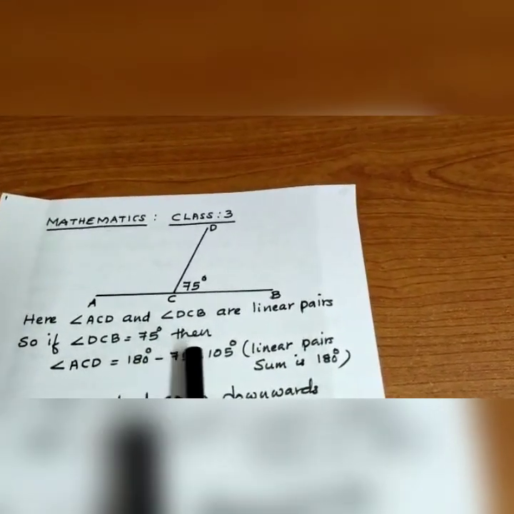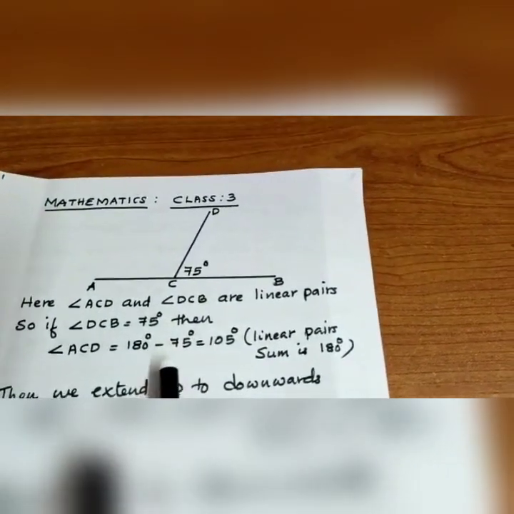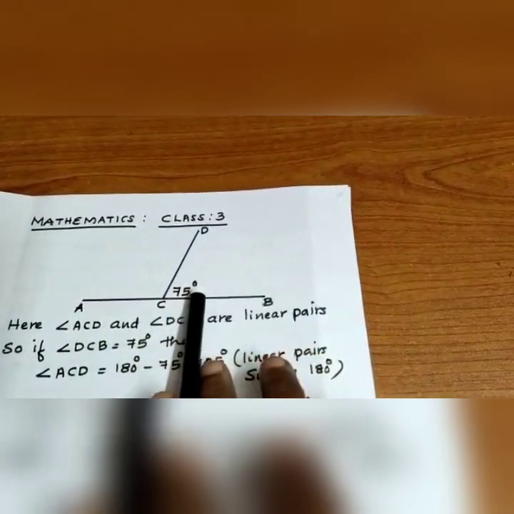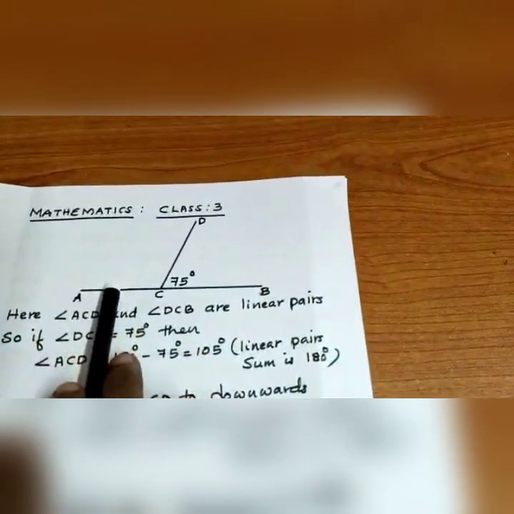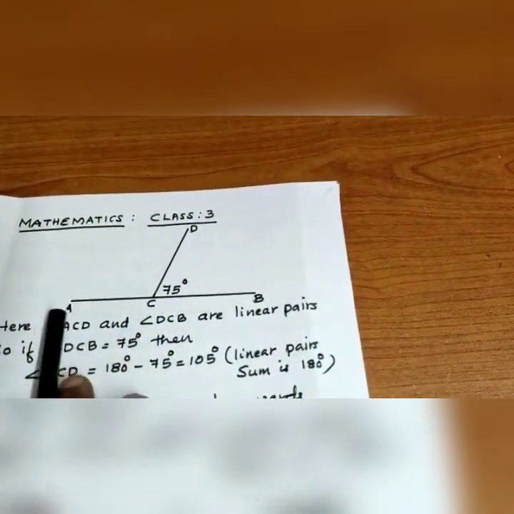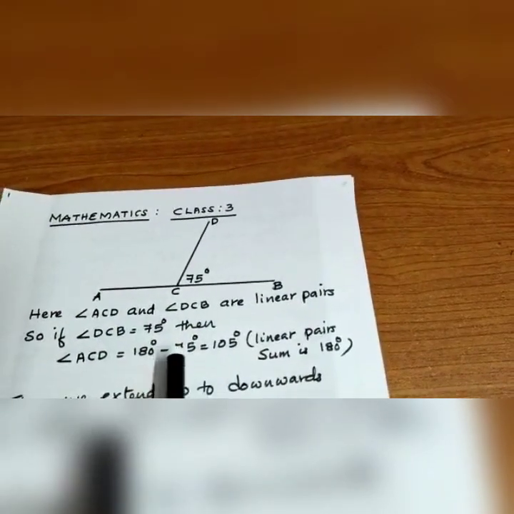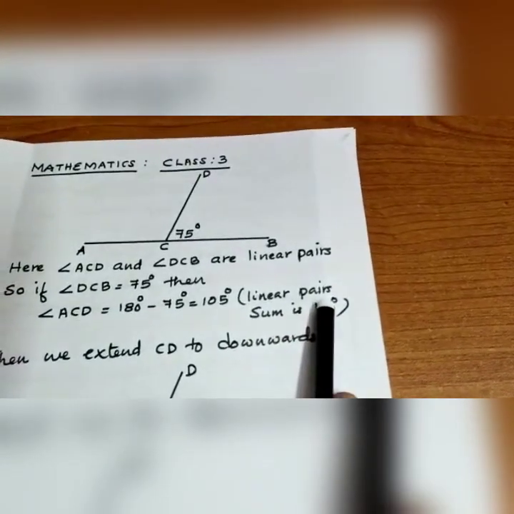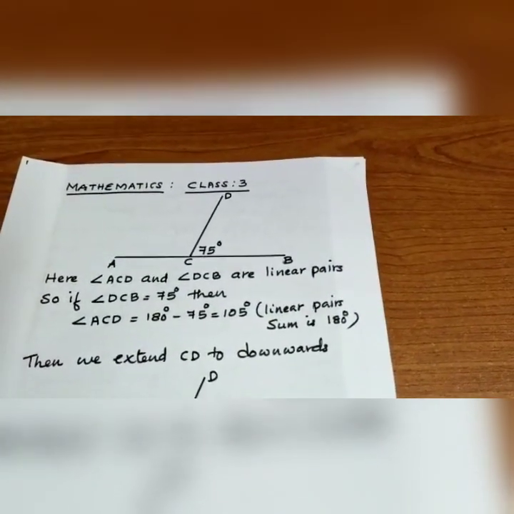What is the speciality of linear pair? Linear pairs are supplementary. So, if angle DCB is given, that is 75 degree, then one of the linear pair, that is angle ACD, is equal to 180 minus 75, that is 105, because linear pair sum is 180 degree.